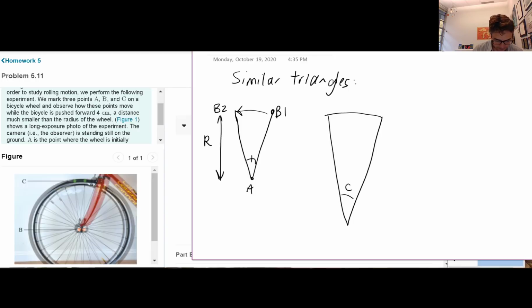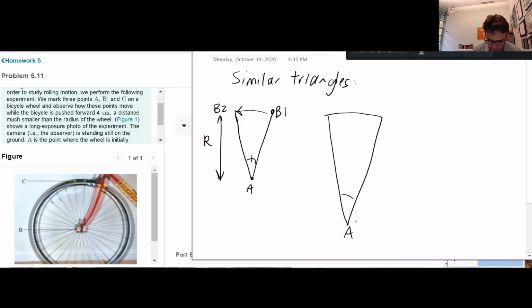Oops, I shouldn't say C. So if this is point A, this is point C1, it goes from here to here to C2. This angle and this angle are the same, but here is a larger distance.